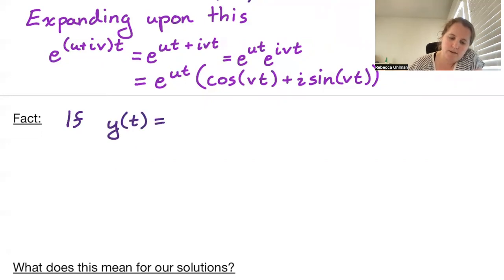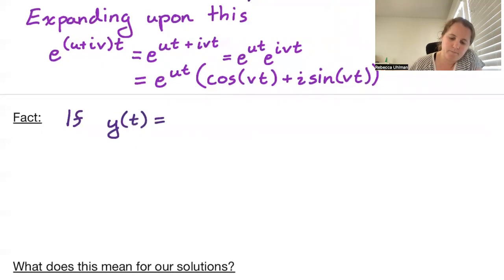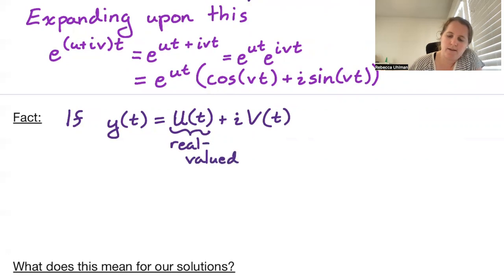some function u of t plus i v of t, where u of t is real valued and v of t is real valued. So we've broken our function into the real and imaginary components.